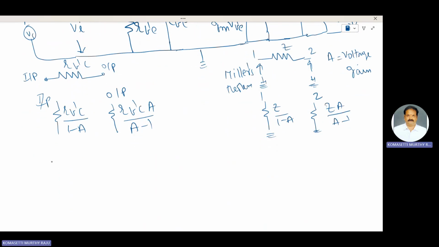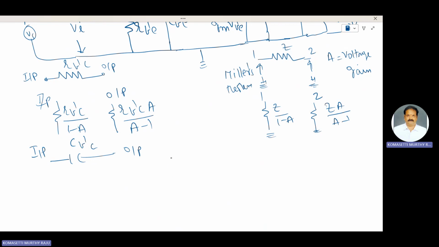And similarly, the capacitance between input side and output side is CB'C. According to this, CB'C is replaced with two capacitances, one at the input side and another at the output side.